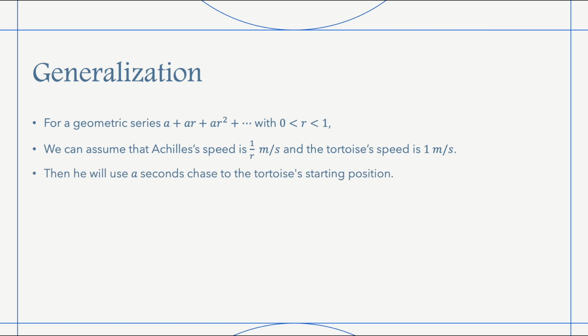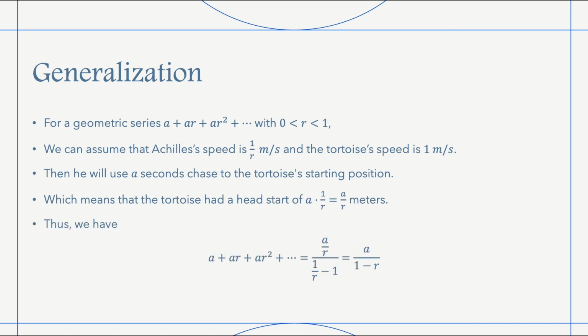Then he will use a seconds to reach the tortoise's starting position, which means that the tortoise had a head start of a times 1 over r, which is a over r meters. Thus, we can conclude that a plus ar plus ar squared and so on is equal to a over r divided by 1 over r minus 1.